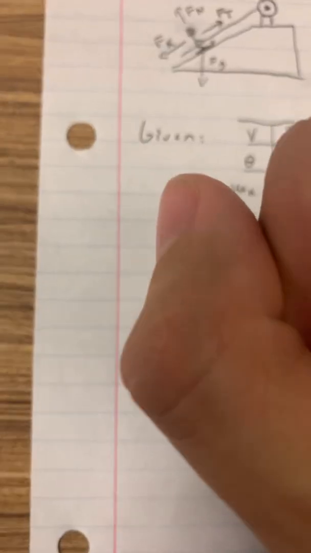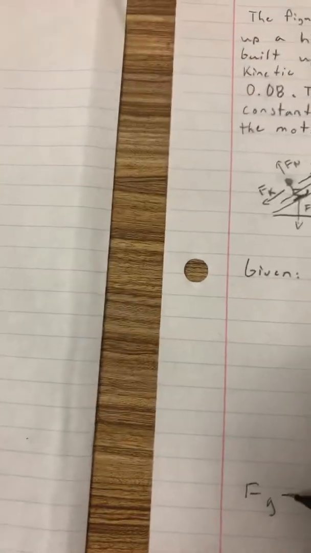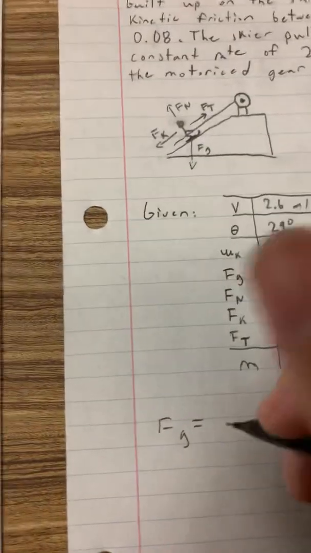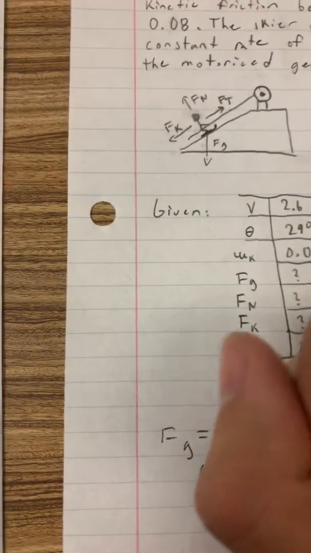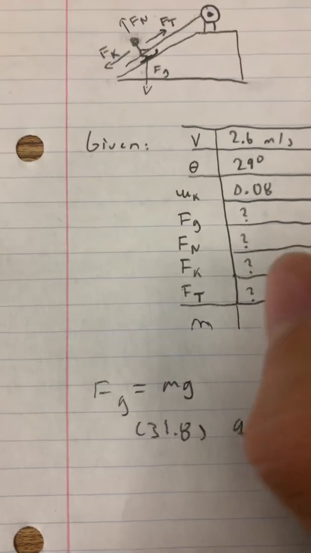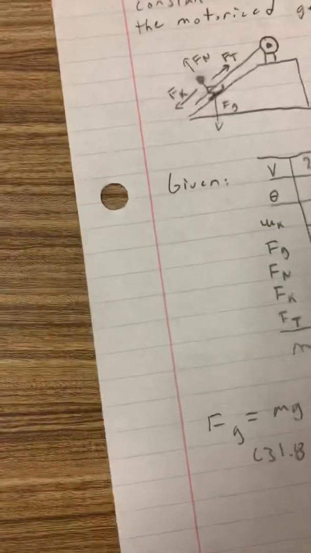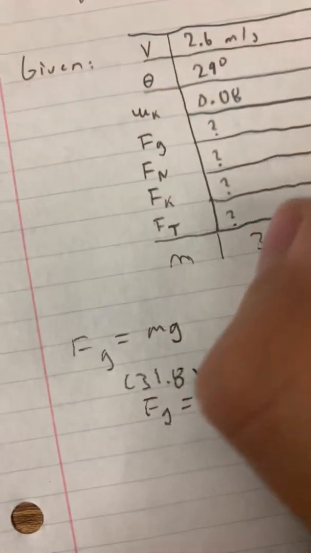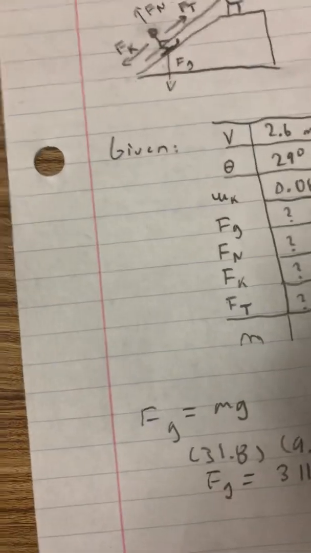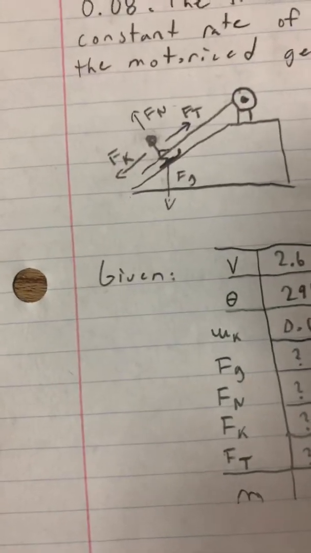First off, let's start with Fg. Fg will be equal to mg, which is 31.8 times 9.81. If you plug that in the calculator, you'll find that Fg is equal to 311.9 newtons.